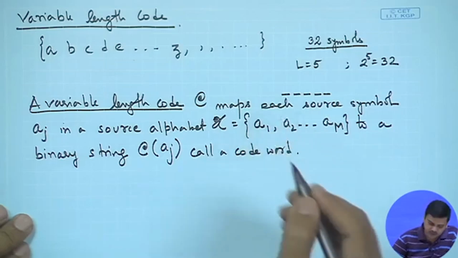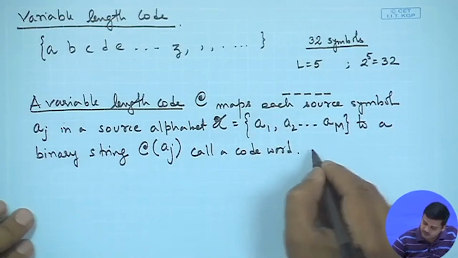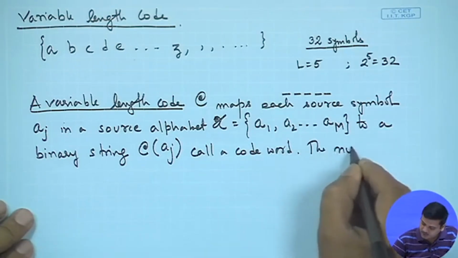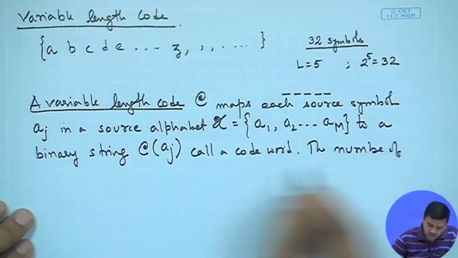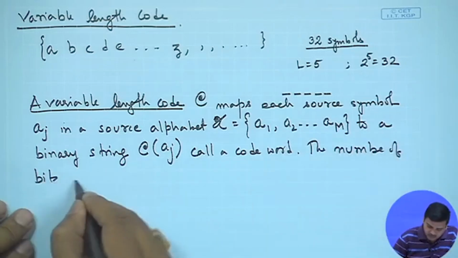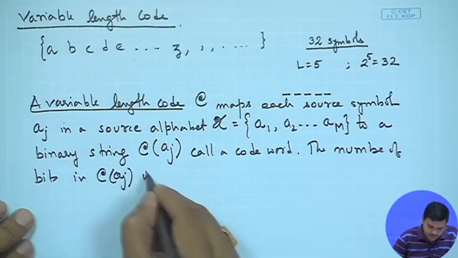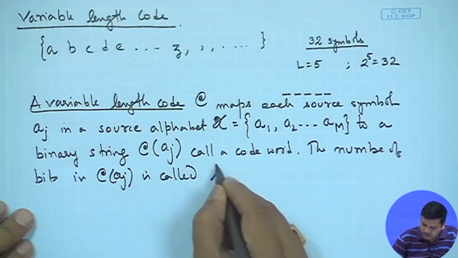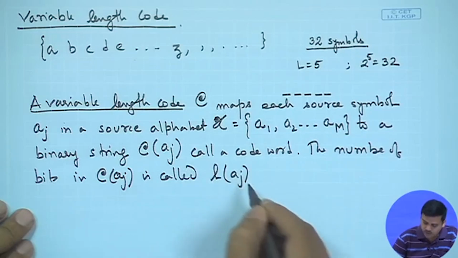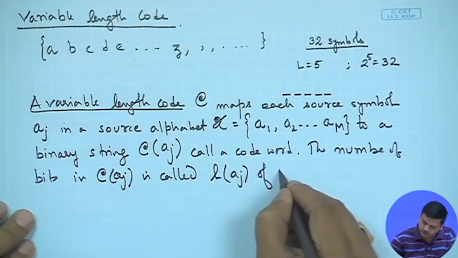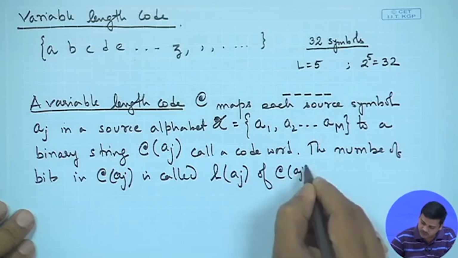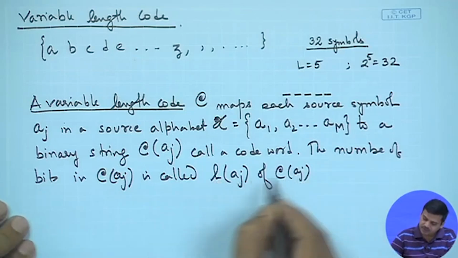This is similar to the fixed length code, and the length, or the number of bits, in C of A_j is called L of A_j. This is the notation that we are going to follow. That means we are saying so many bits are assigned to this.